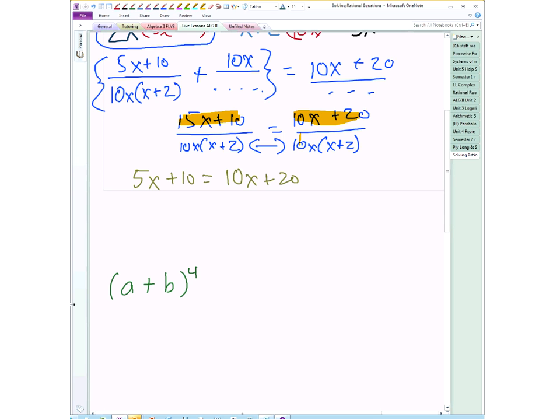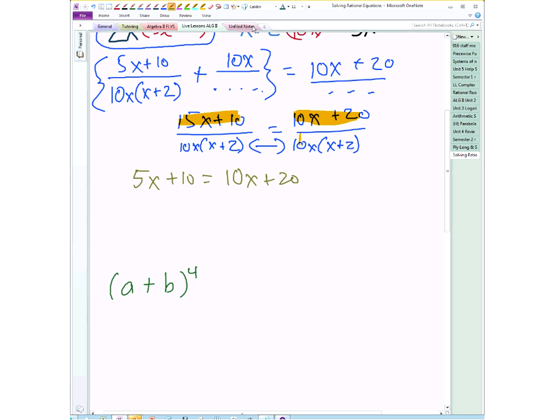All right, so we got it down to a linear. If the denominators are the same, then the tops have to be the same as well. I highlighted in yellow there because we don't need to pay attention to the denominator. We don't even need a fraction.